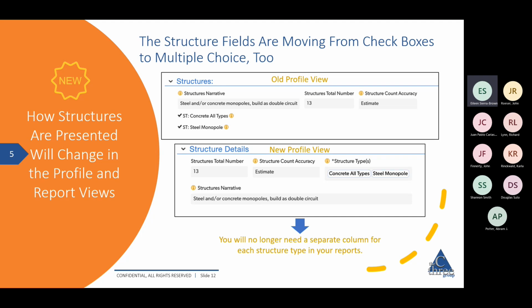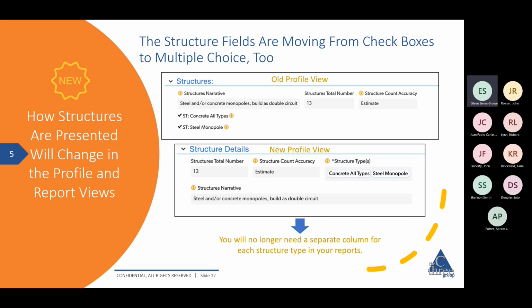And so the narrative will either be the analyst saying, based on their knowledge, they're assuming monopoles or they're assuming this. And if it isn't what the analyst is estimating, it'll be a direct quote from the data source as to what the project contains as far as structures.